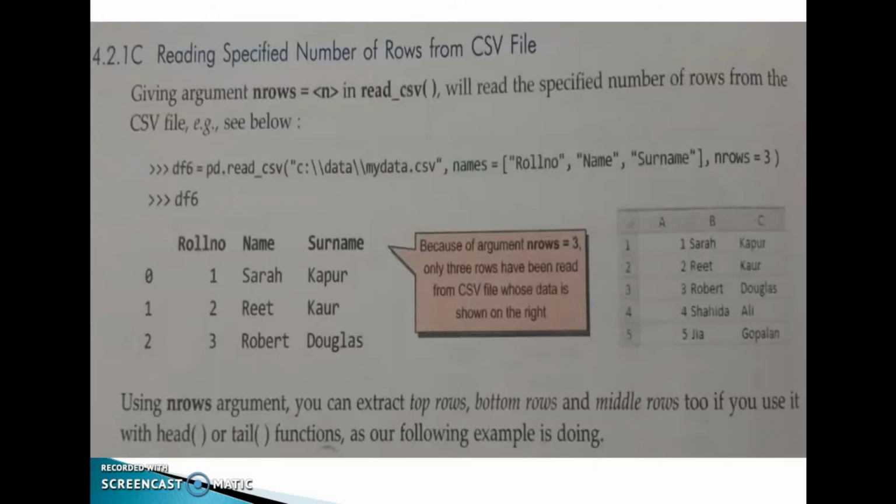Then reading a specified number of rows from a CSV file. How can we read a specified number of rows from a CSV file?